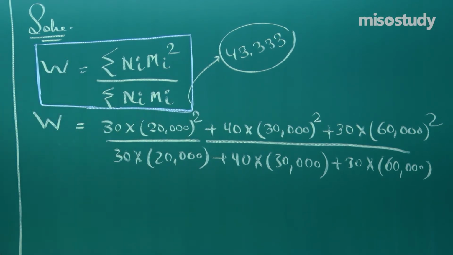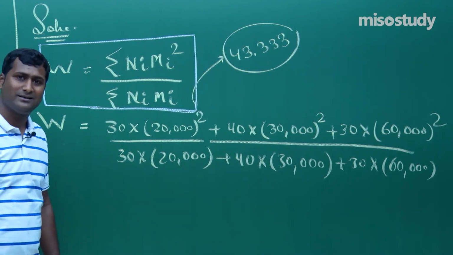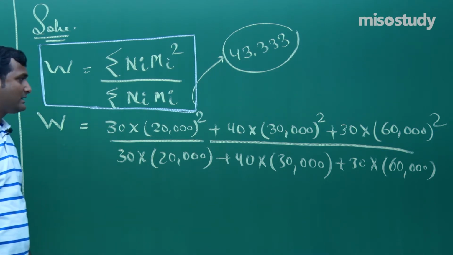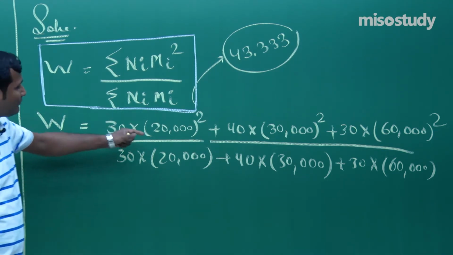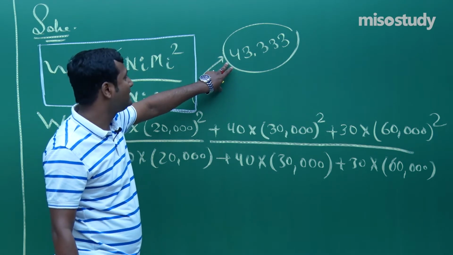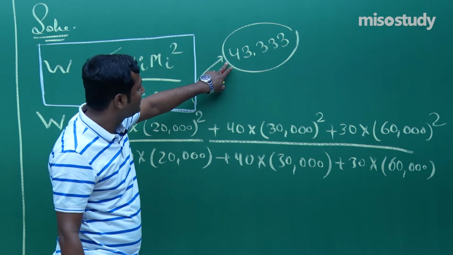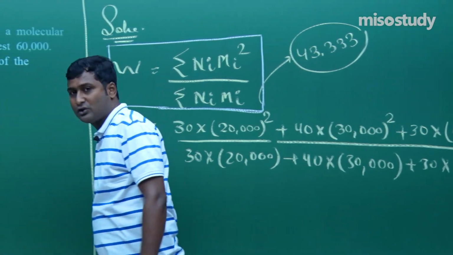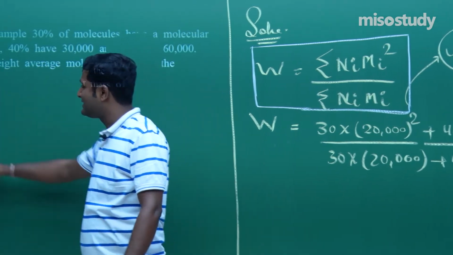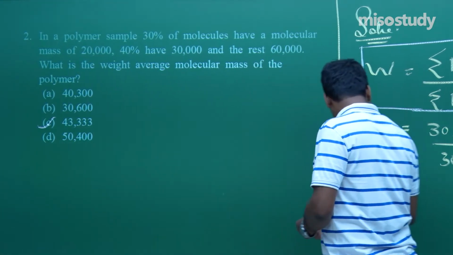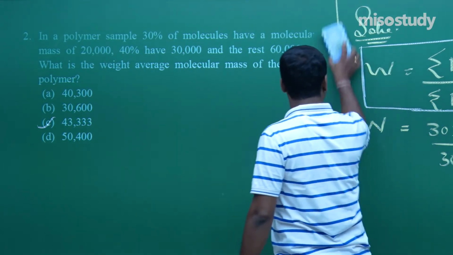Am I right? It is a simple calculation. After solving, the value is around 43,333. So for question number 2, we can say C is the correct option. I am going to rub this part and we'll discuss the next one.